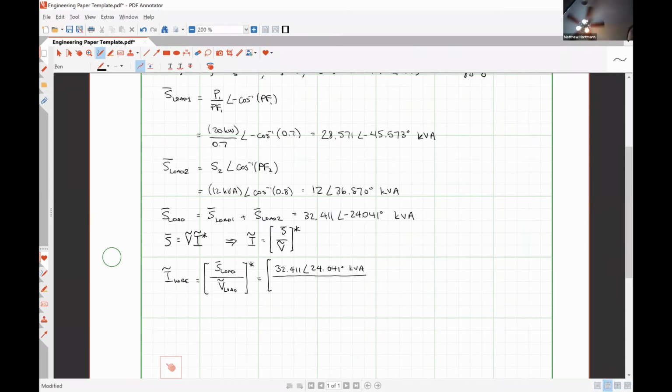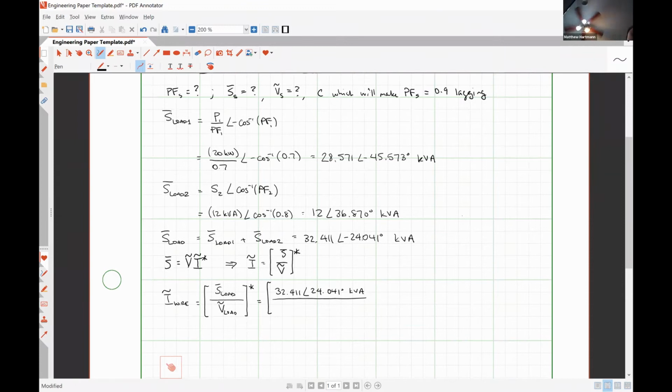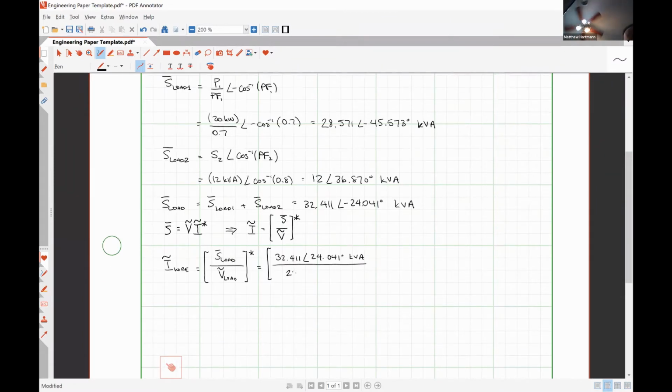And for my load voltage, it is 240 angle, we could call it -0, but it doesn't particularly matter, so I'll just put 0 degrees here, volts RMS. It is important to note, however, if our voltage had a phase angle, we would need to take the complex conjugate of both the numerator and the denominator. We don't just do it for the numerator.